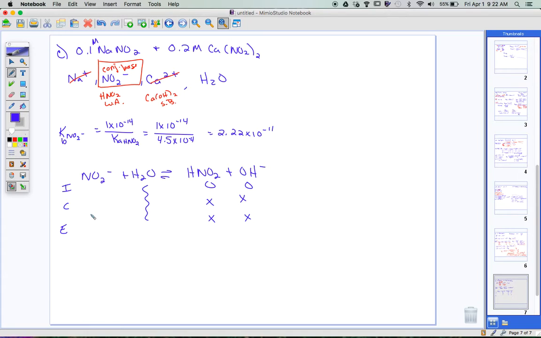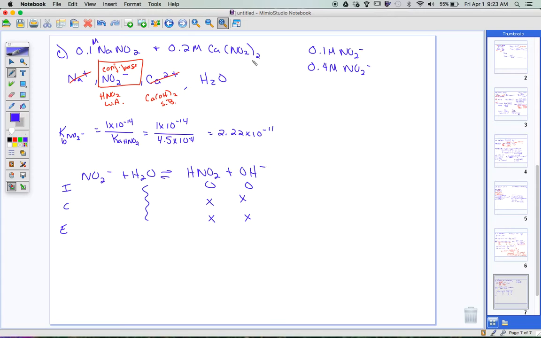All right, so let's calculate the molarity that would be here. From the NaNO2, you're going to have 0.1 molar of this because there's one NO2 that comes off for every time this dissociates. So I have that concentration from the first one, and I have 0.4 molar NO2 minus from this one.